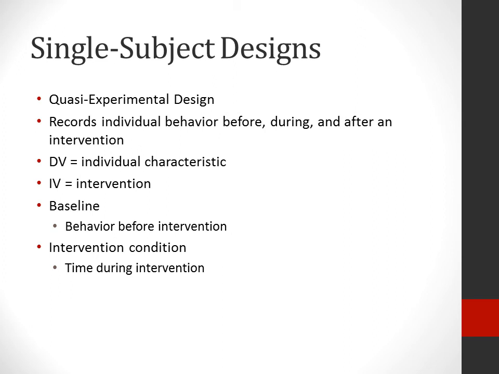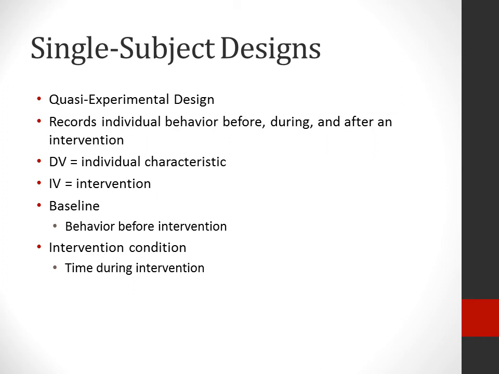We don't have random assignment that we need for an experimental research design, but we do have an intervention that we're implementing. In single subject design research, we record how an intervention affects an individual either before and after the intervention or before, during, and after the intervention.